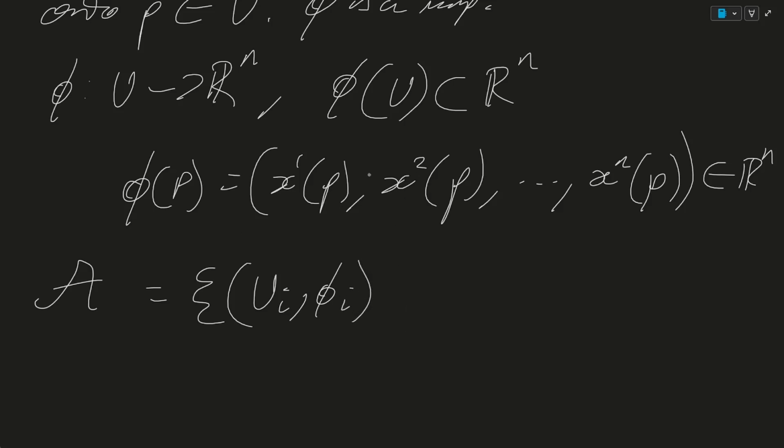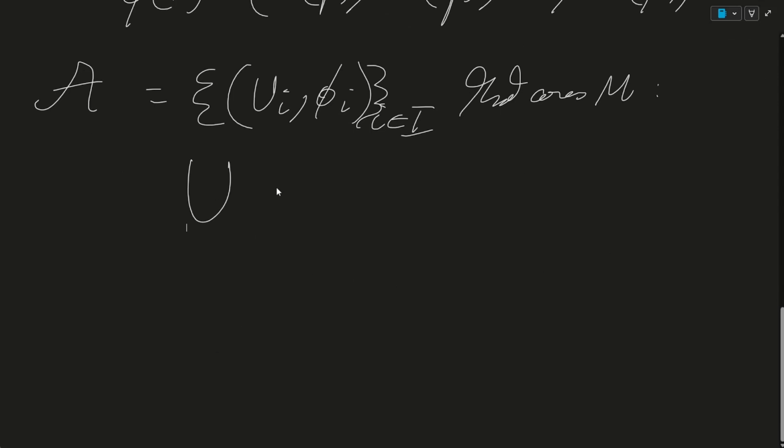In other words, that covers, with i being a member of I, the set of indices, that covers. I forgot to close that, sorry. And we have that this total union over i in I of our Ui is equal to M. And this is an atlas.